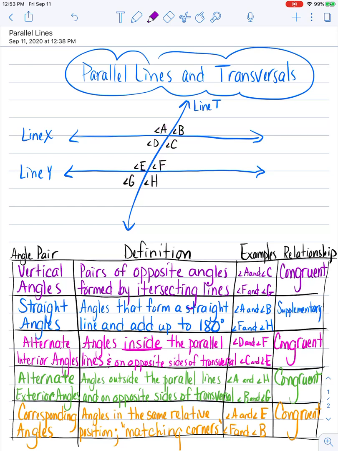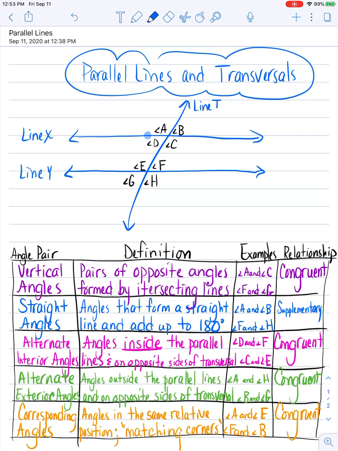So now let's take a look at straight angles. Well, we know what a straight line is. It's a straight line. And here's the new thing, and you may already know this, but a straight line has 180 degrees in it. So straight angles are two angles, they'll be side by side, that form a straight line.